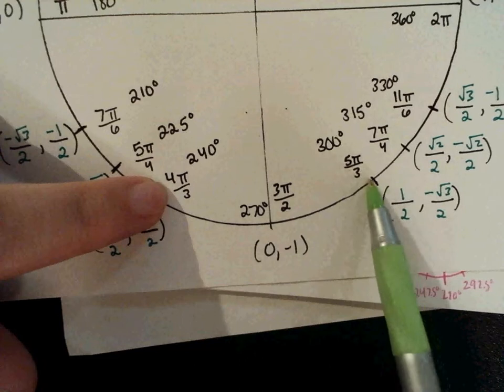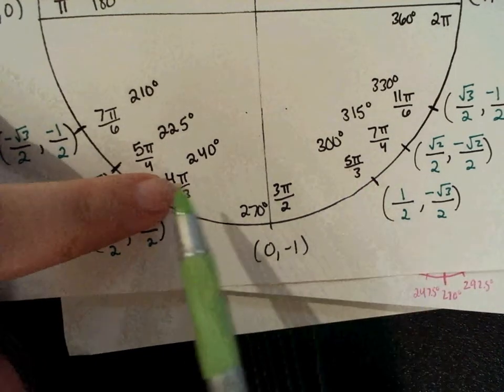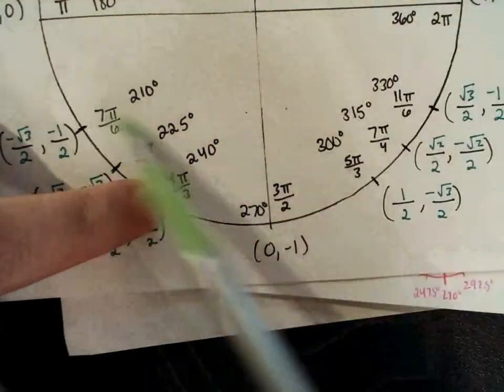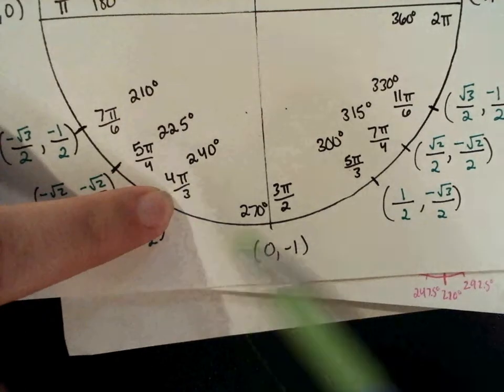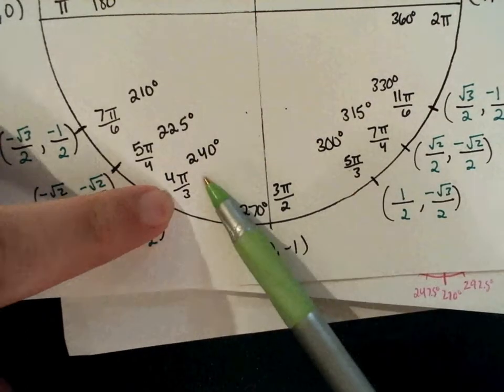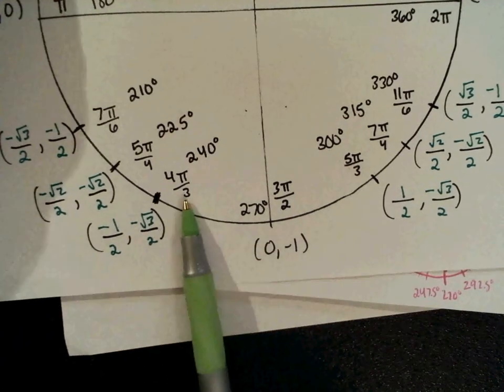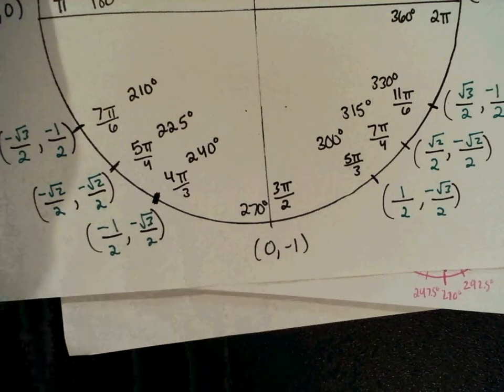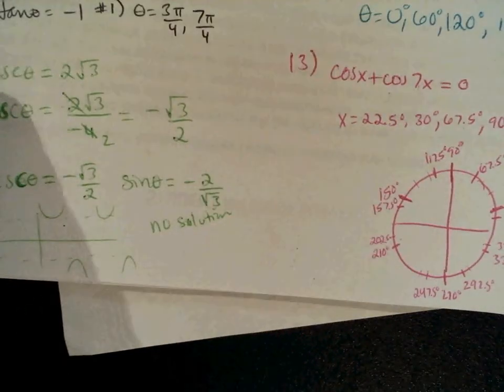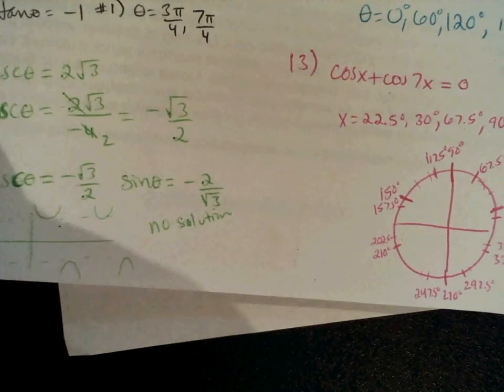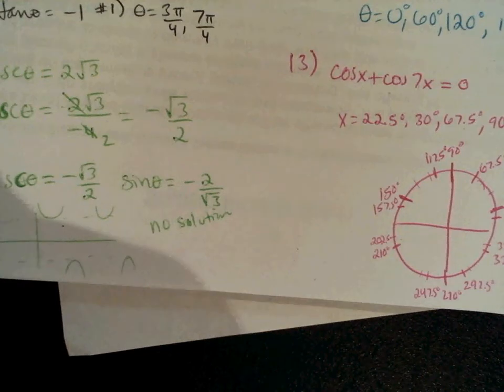So my answer would have been 4 pi over 3 plus 2 pi n, where n is an integer, and 5 pi over 3 plus 2 pi n, where n is an integer, because every rotation, so it would be here plus another 2 pi rotation, and then I would get back to an answer. Plus another 2 pi rotation, I would get back to an answer, okay? So I just take my answer and I say plus 2 pi n, where n is an integer, and then there, I've got all solutions, okay?